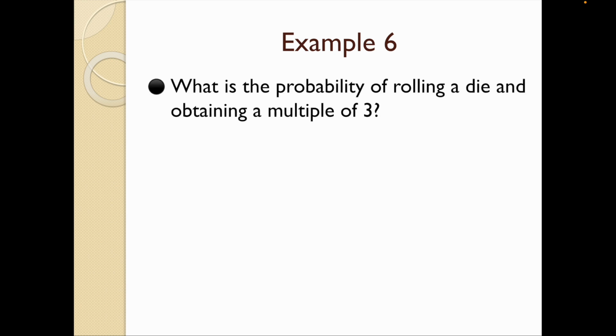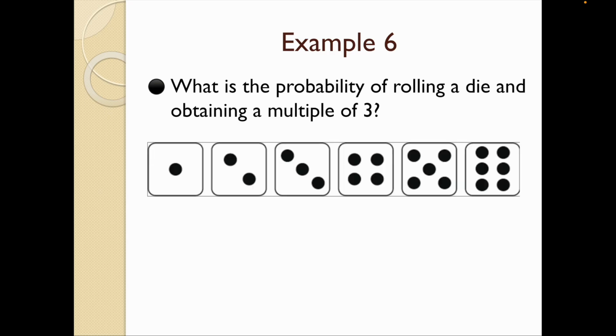What is the probability of rolling a die and obtaining a multiple of 3? 3 out of 6? 1 out of 6, 2 out of 6, which one? Before we do that, let's ask ourselves, what is a multiple of 3?